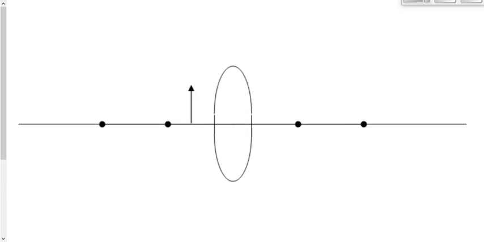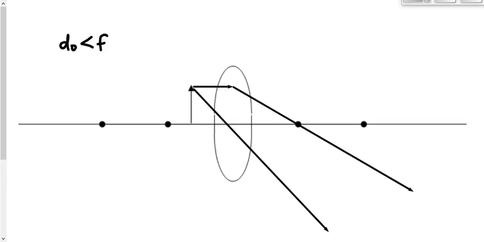Finally, we're going to make our object distance smaller than f. This time we'd say our first ray parallel down through the focal point, second ray down through the optical center. Where do they intersect? They don't. Unless we extend them backwards like this. Now, the extensions of the rays intersect, or the dotted lines intersect.